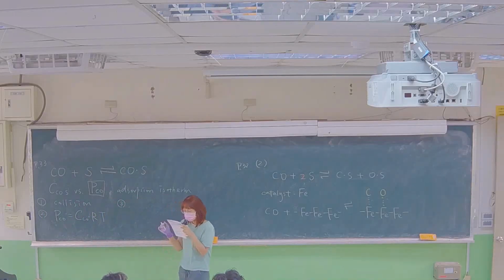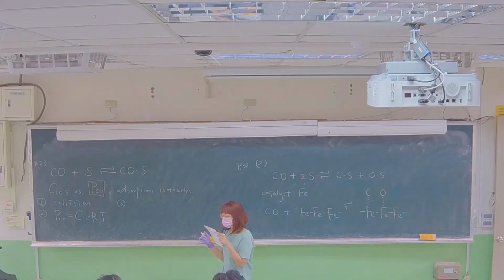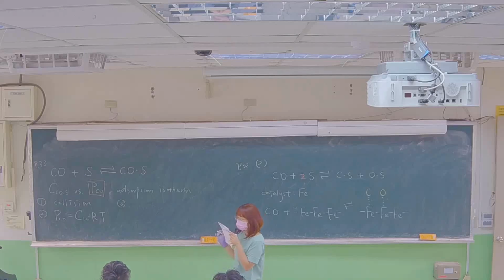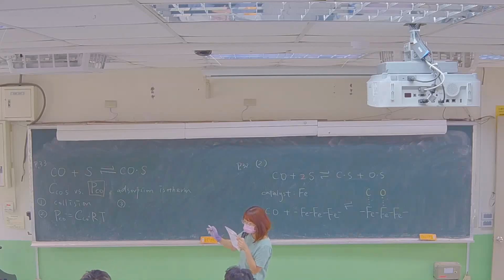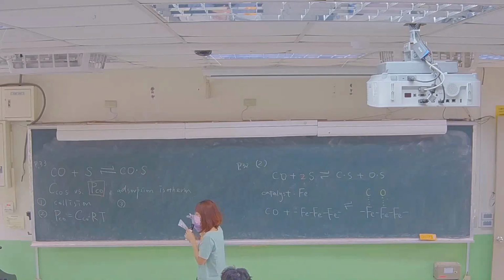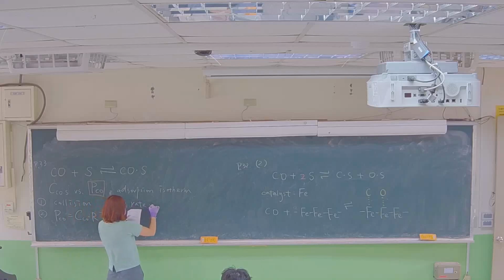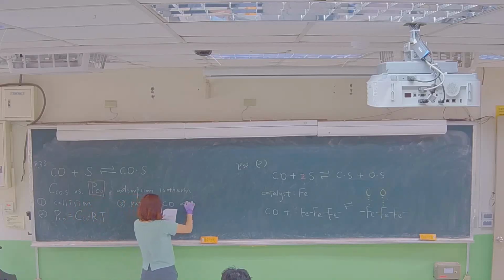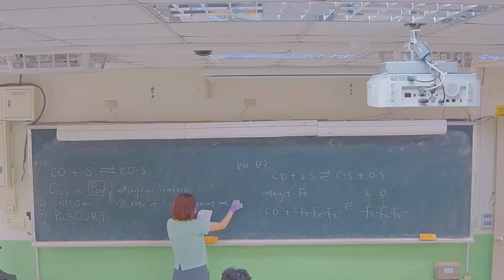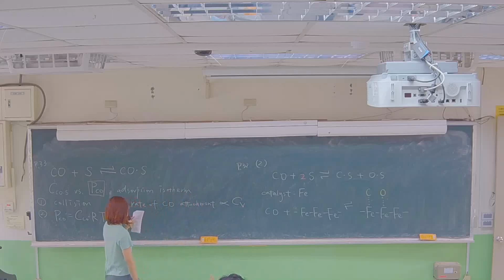Third one. CO adsorbed only on vacant sites and not on sites already occupied. It only attaches to empty places. So the rate of attachment is proportional to the concentration of vacant sites.